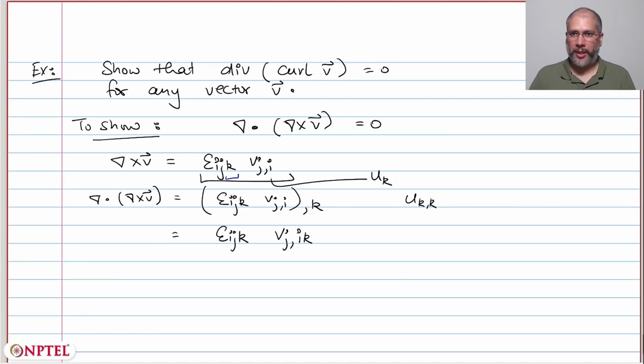So you're taking a derivative of already a derivative. So this becomes the second order derivative that we see here. And the question is, how do we simplify this?